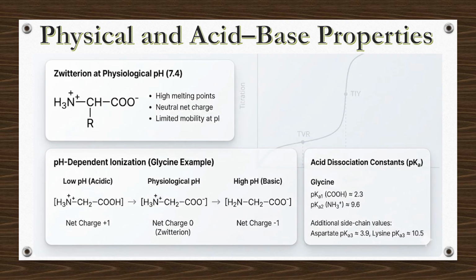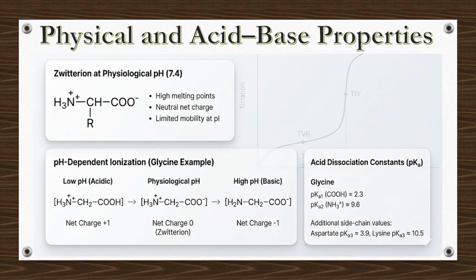Instead, the carboxyl group donates a proton to the amino group, producing COO- and NH3+. This internal charge separation is more stable than the neutral form and explains why amino acids have high melting points and dissolve well in water.